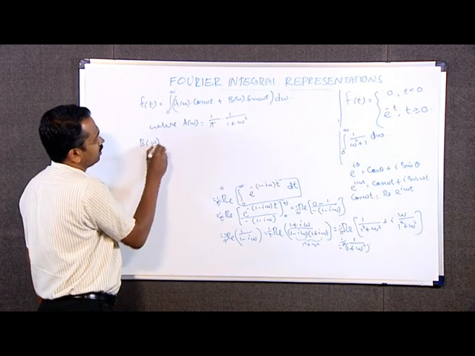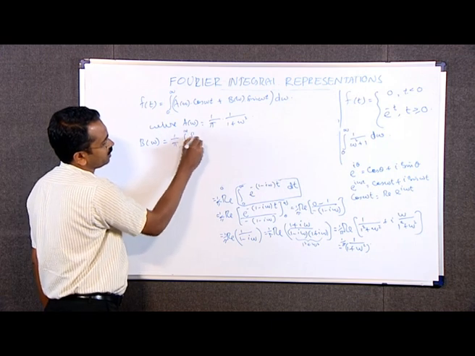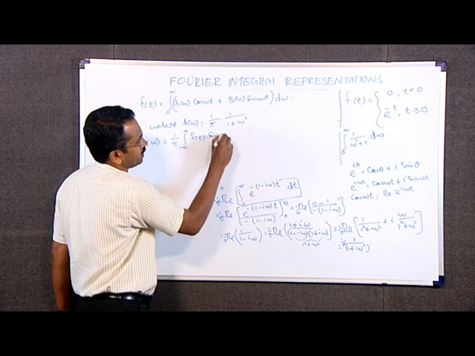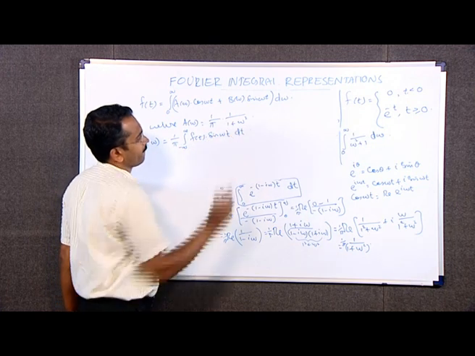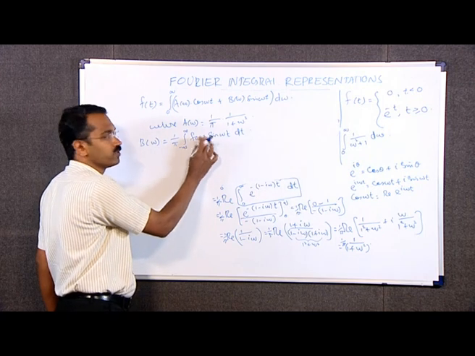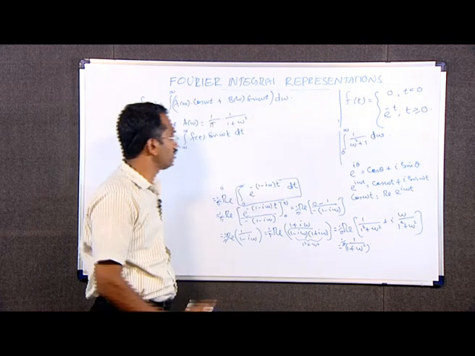Now, B omega is equal to 1 by pi into integral from minus infinity to infinity f of t into sin omega t dt. Here we can split this integral into two because the given function is in two ranges.